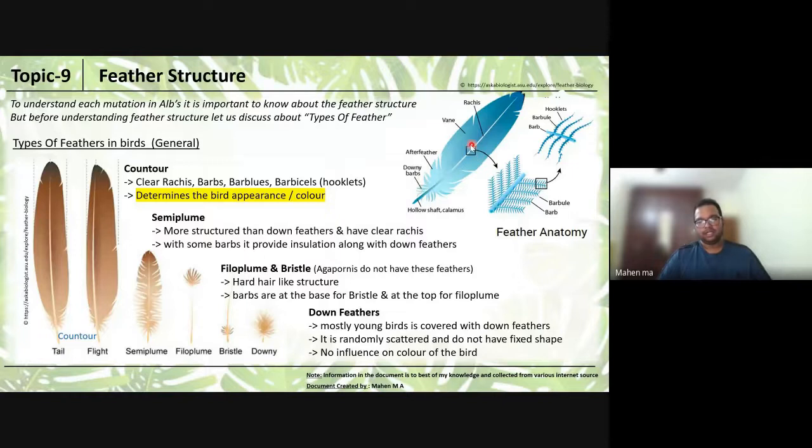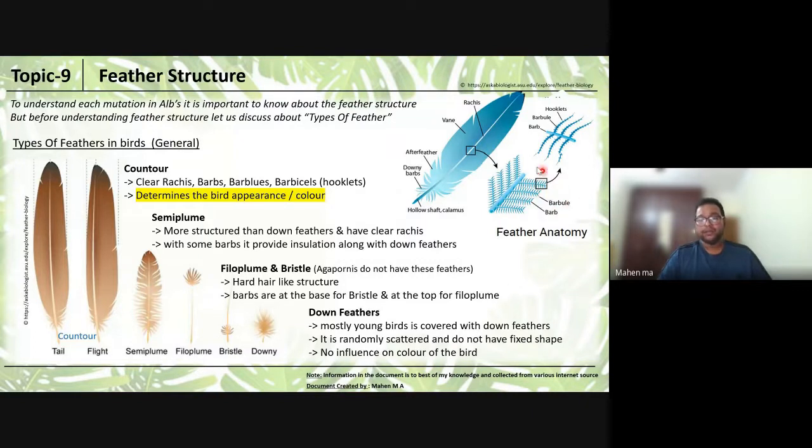Now when we zoom a little bit onto the feathers, we see extensions. This is the rachis. The extension of the rachis is called barbs. Okay, and the extension of the barbs, you can see there are two extensions for each barb coming out from the rachis. These are called barbules.